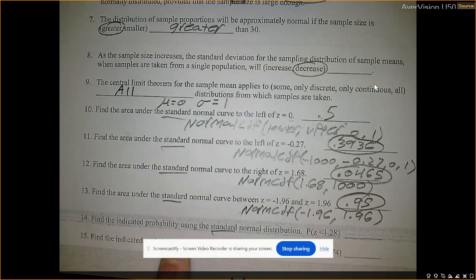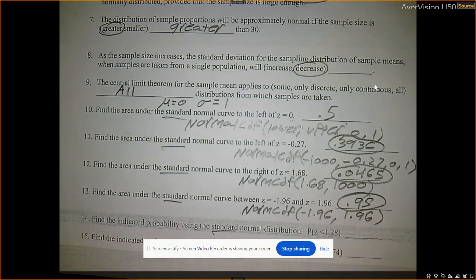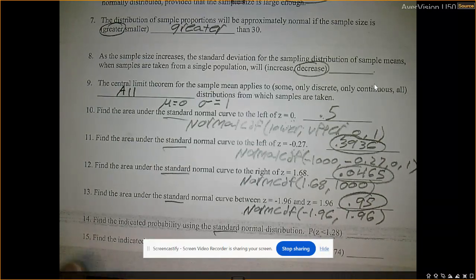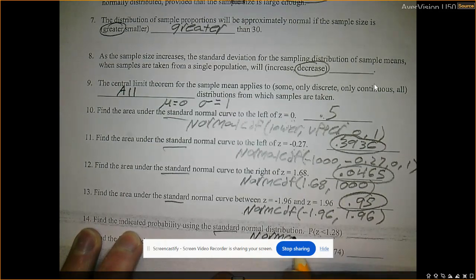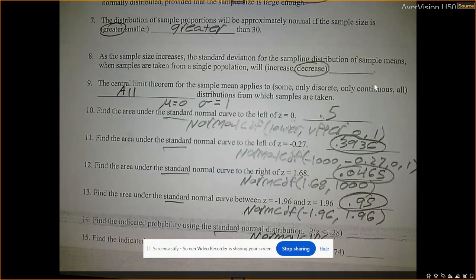Okay, find the indicated probability using the standard normal distribution. Well, now, yeah, it's worded a little bit different, saying like what's the probability that your z-score is less than 1.28, but you're still doing the same thing. It's still normal CDF, because you're finding the area to the left of 1.28. You're finding what percentage is to the left of the z-score of 1.28, and that tells you your probability.